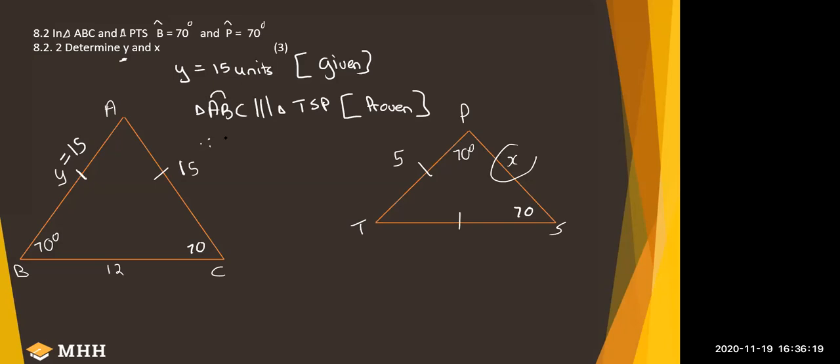Therefore, AB on top of TS will be equal to BC over SP. And that will be equal to AC over TP. Why would they all be equal?